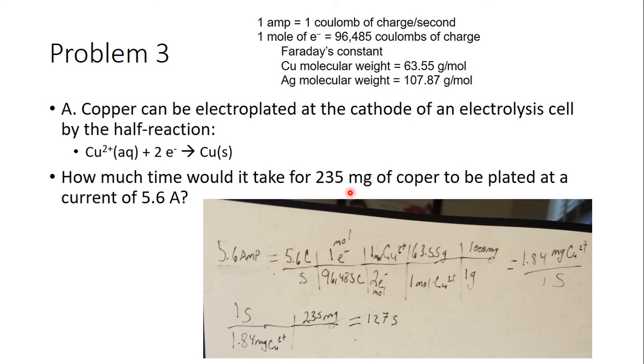But I want to know 235 milligrams, so I'm just going to create a new conversion here. I want my time to be in seconds, so my second is going to be at the top. Every 1 second, I can plate 1.84 milligrams of copper. If I want to plate 235 milligrams of copper, that will take 127 seconds.